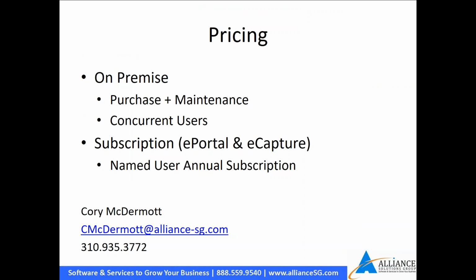Our subscription products, those web products that we talked about, are a little bit different. You pay a one-time fee to unlock the web functionality on your account, and then it's a per named user annual subscription. On that e-portal, it's $2 a month or $24 a year. On that eCapture e-portal, it's going to be $10 a month or $120 billed annually.